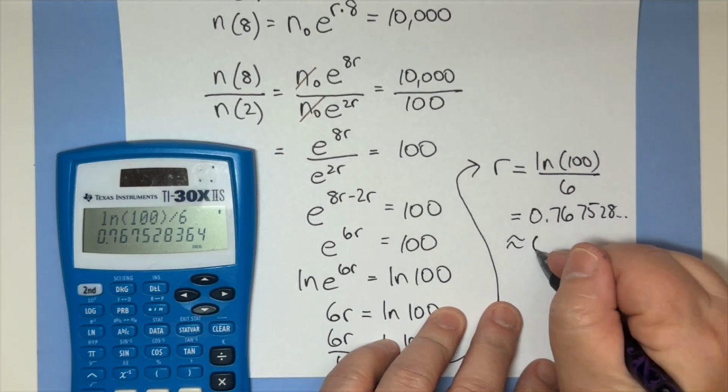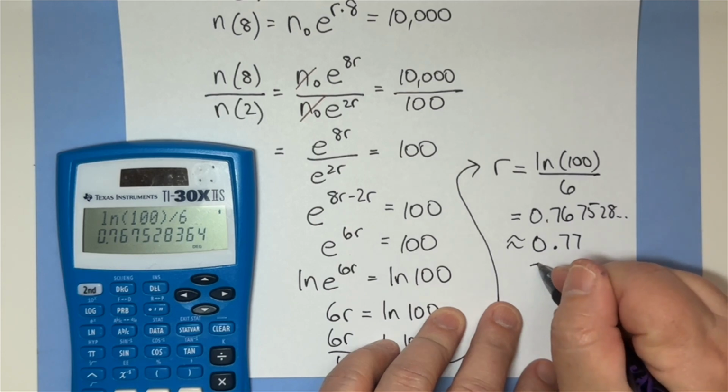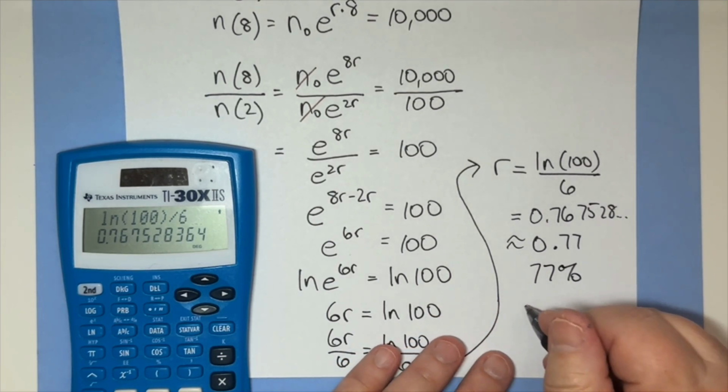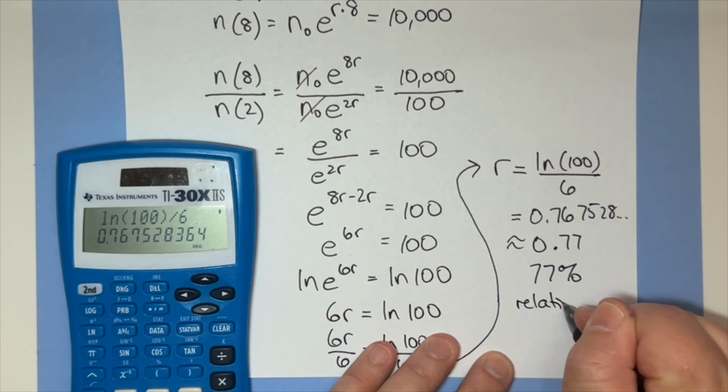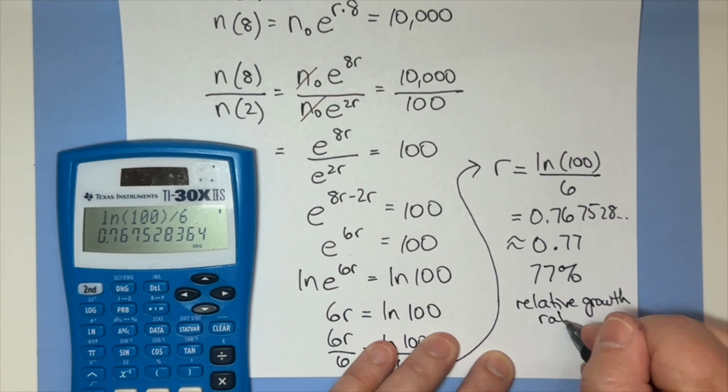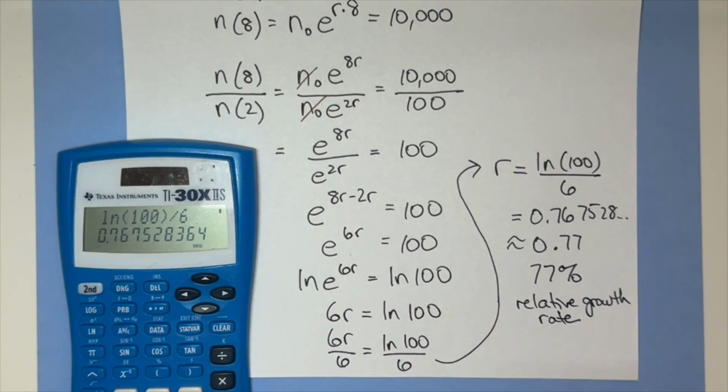So it's about 0.77, or 77%, is our relative growth rate. So that's how fast the population is getting bigger each hour. So each hour, we're gaining another 77% in the relative growth rate.